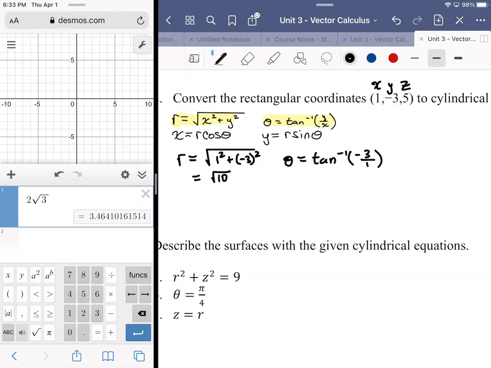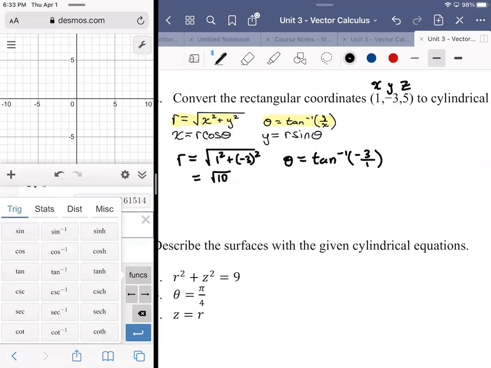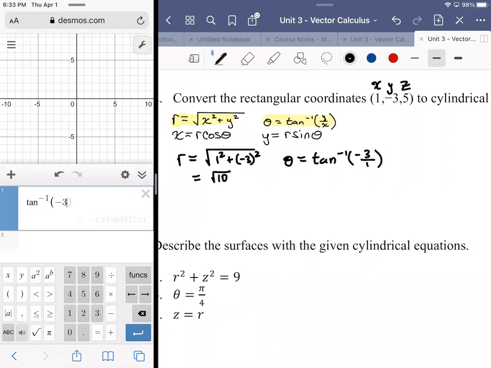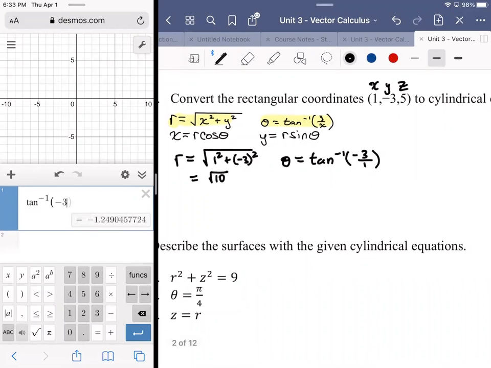So what we can do is take a quick look. Let me hit a new field here. Inverse tan of negative 3. Pretty ugly. I could put its approximate value down here. Default setting on Desmos is radians, so negative 1.249.